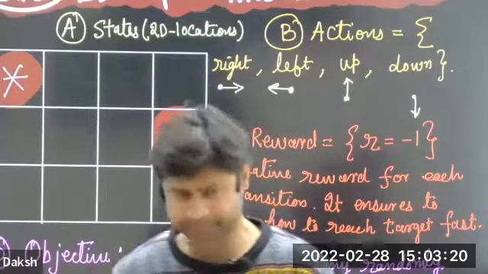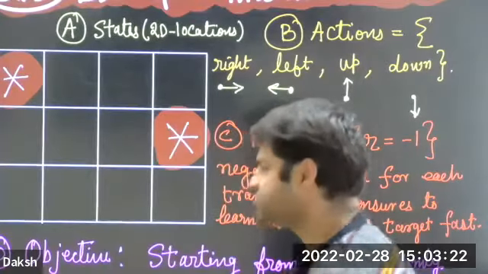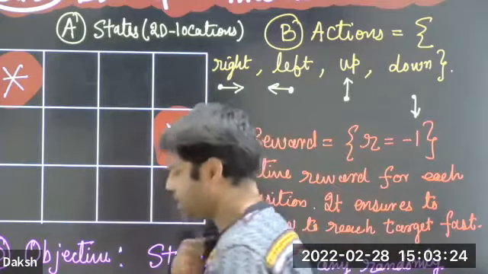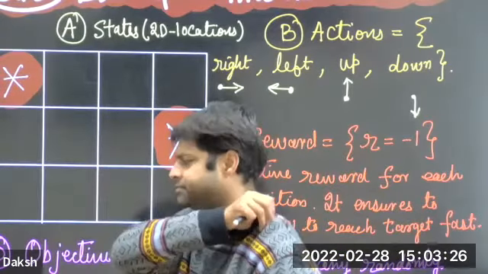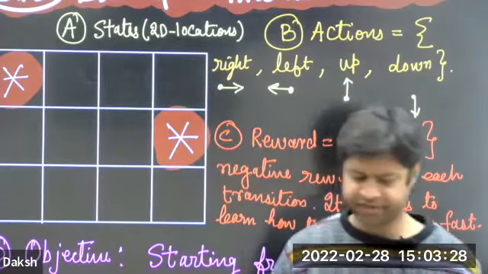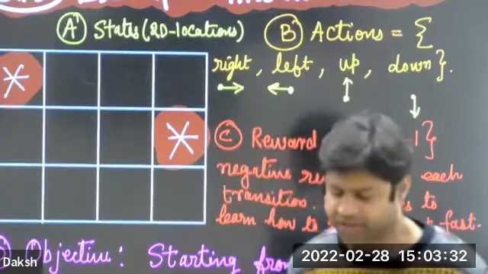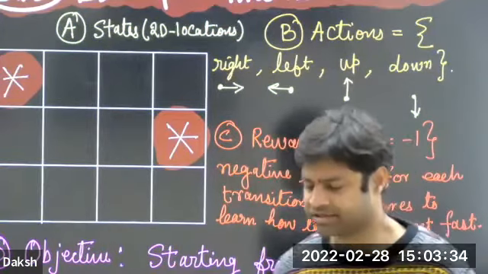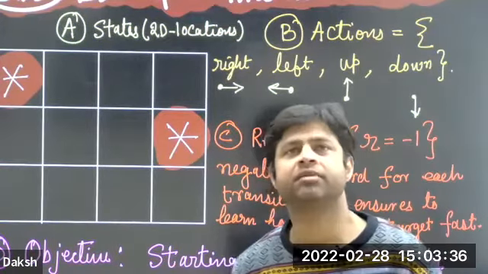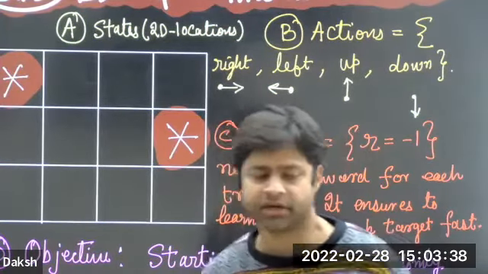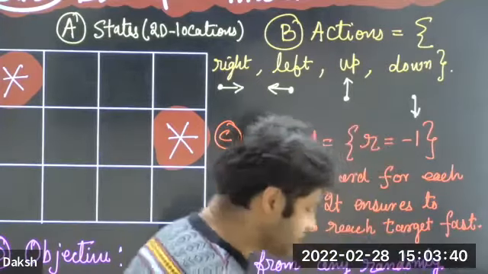What we have seen so far is that in RL there is an agent. We need to let it understand how to behave in a certain environment. There are states, actions. There can be the policy. There can be Q value. There can be value functions and so on.